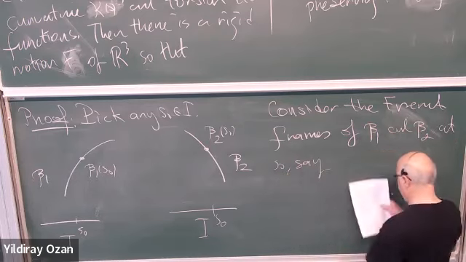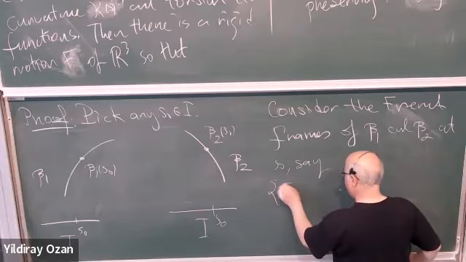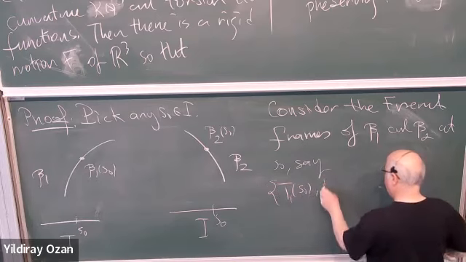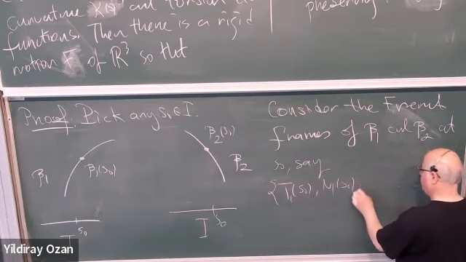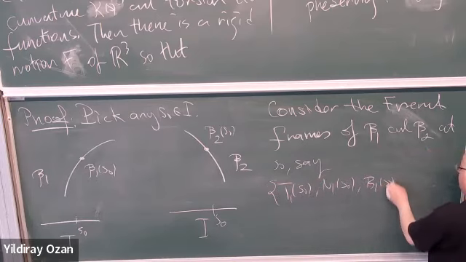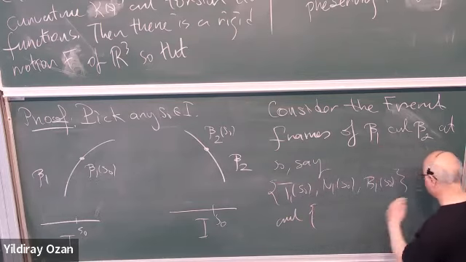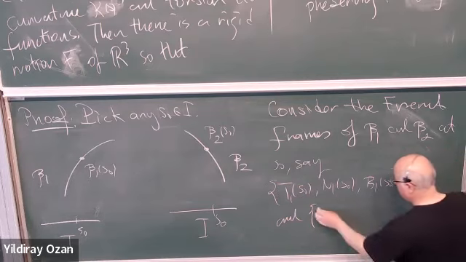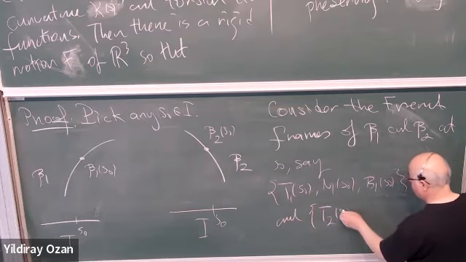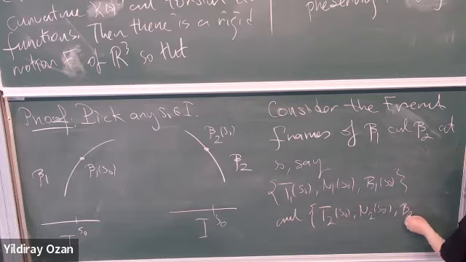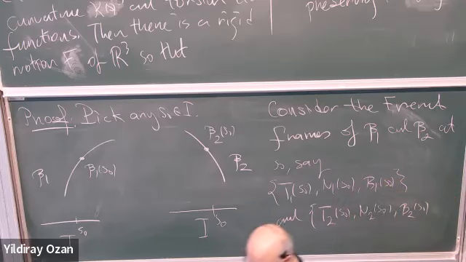Say they are like this: T1 S0, N1 S0, B1 S0, and T2 S0, N2 S0, and B2 S0. So let me draw you the frames.